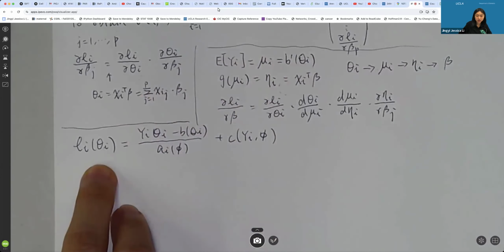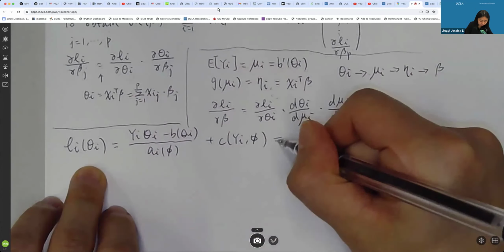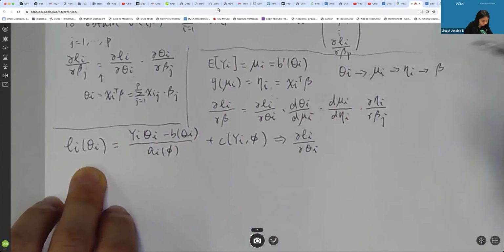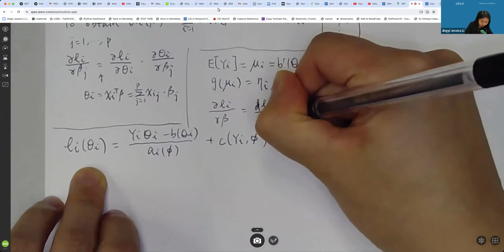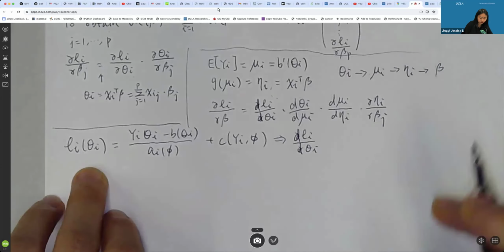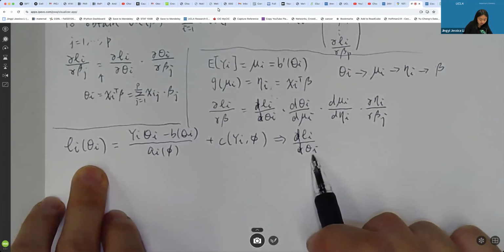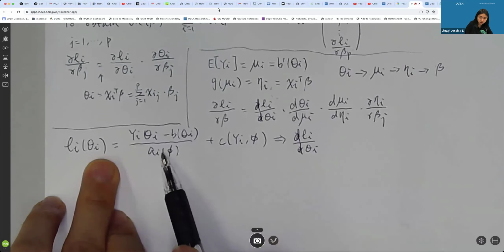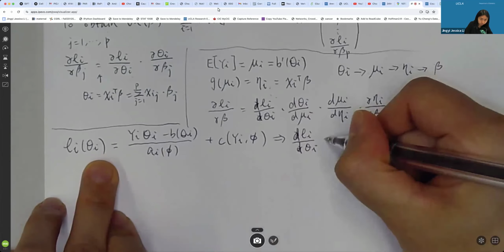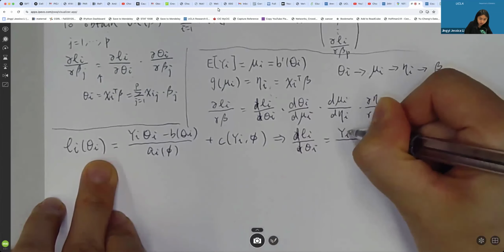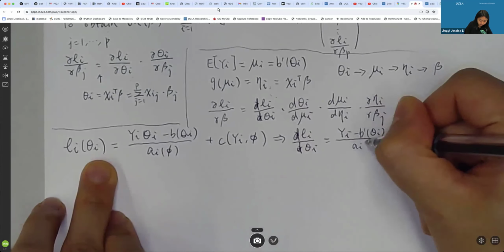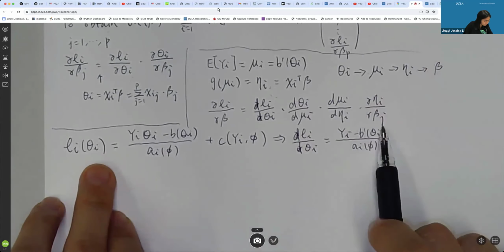From this term, we can directly get partial Li partial theta I. Or maybe I should change it to d because theta I is also a scalar. Sorry, it should be d. So d Li d theta I is what? I just take the derivative of that. This term will be gone. The denominator stays, just the numerator. So it's yi minus b prime theta I, over ai phi. That's my first term.